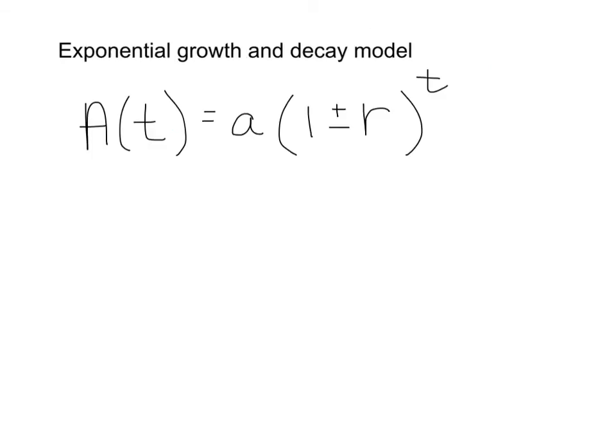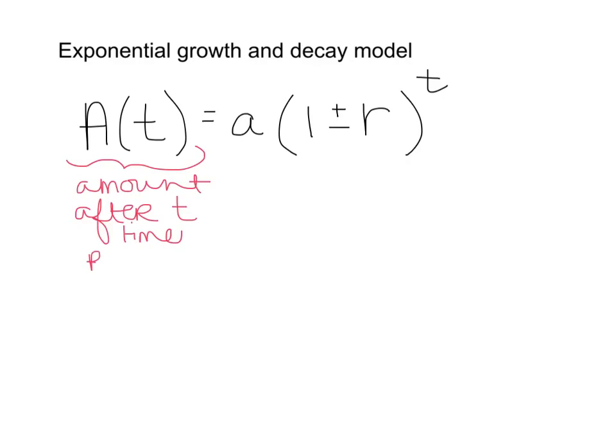A way for us to model exponential growth or decay is this formula. A of t equals a times the quantity 1 plus or minus r to the t power. A of t is going to represent the amount after so many time periods. The little a is your initial amount of money.